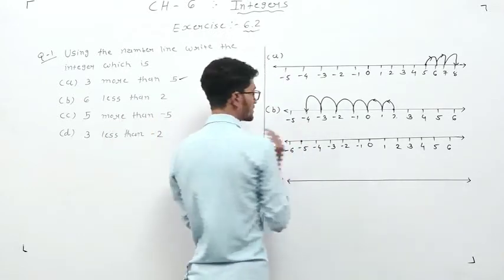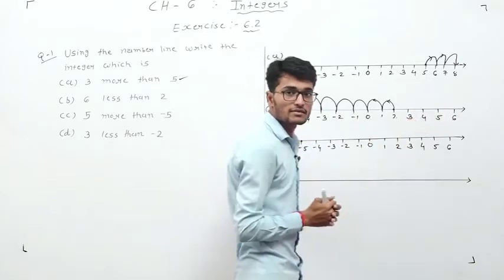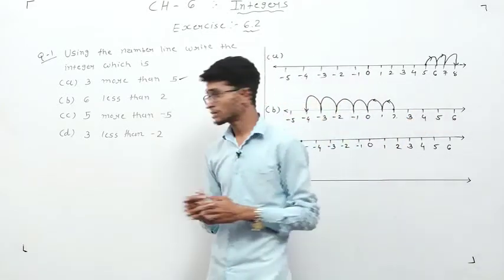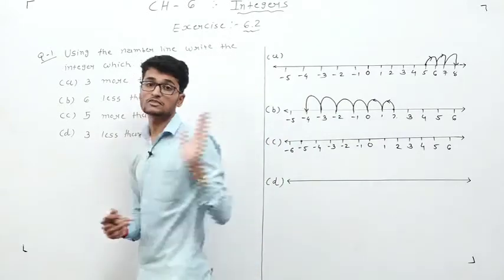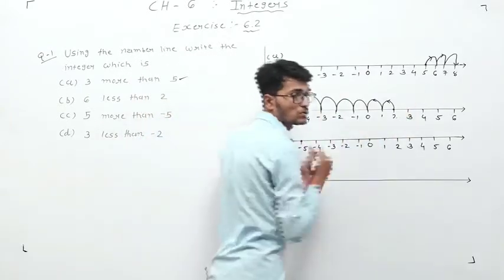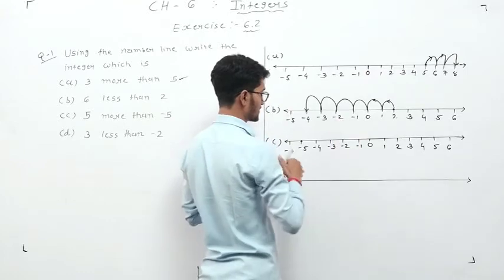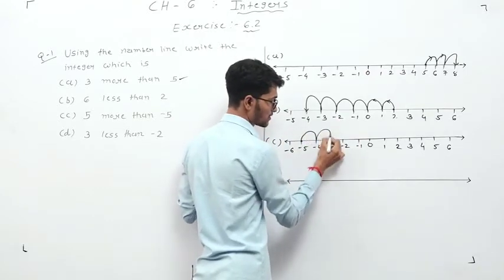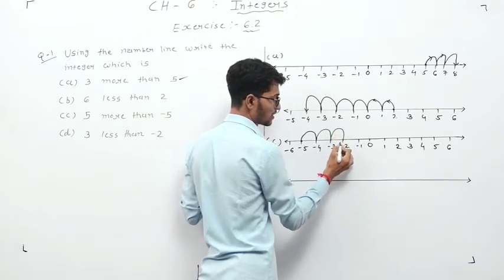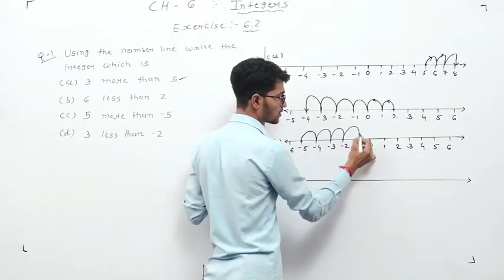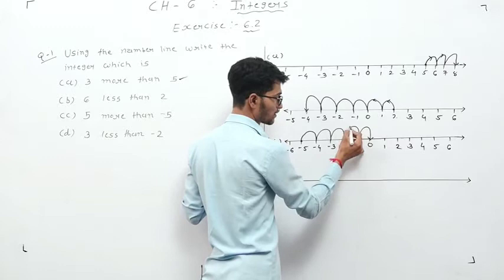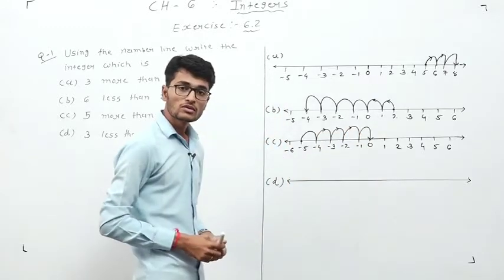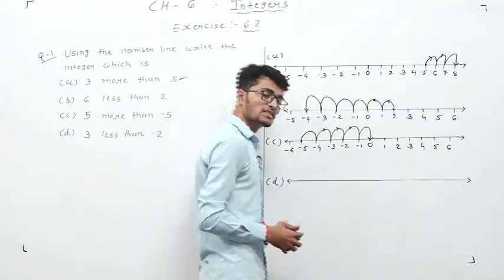Now more than means slide to the right hand side. How many steps? Here it is given 5. So 5 steps to the right: first, second, third, fourth and fifth. So our answer is 0. The third question answer is 0.